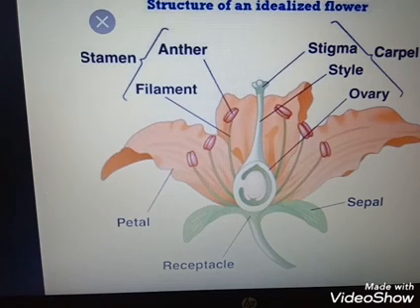When the pollen grain matures, the exine has two layers. The outer first layer is known as ectexine, E-K-T-E-X-I-N. Then the inner layer is known as endexine, E-N-D-E-X-I-N-E. These two layers.